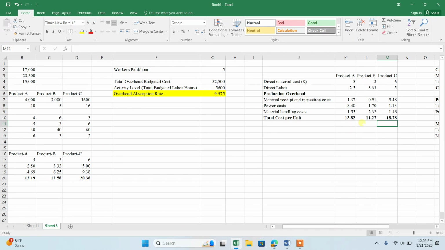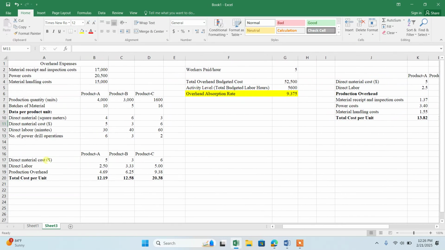You can see that these are the total costs of one unit of producing A, B, and C using activity-based costing, while this is the cost of each unit using the absorption costing method. So what is the major difference you found?